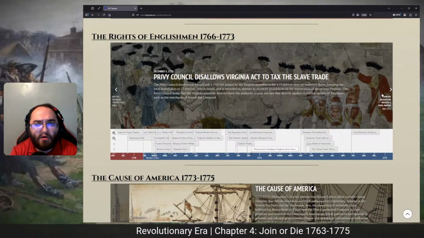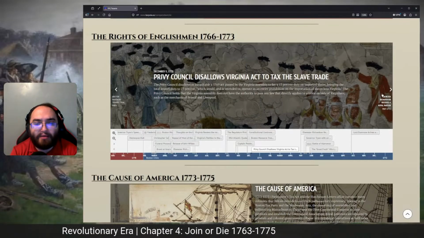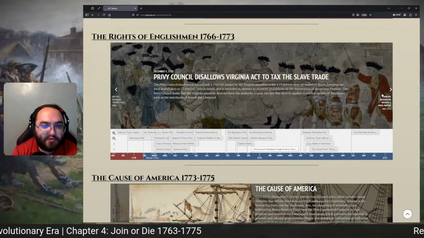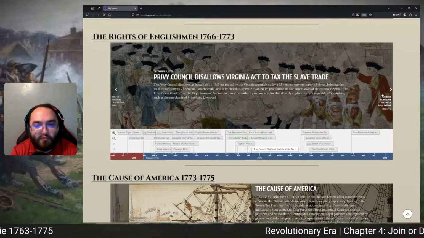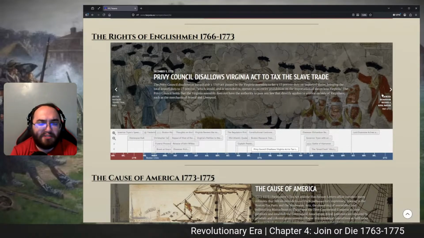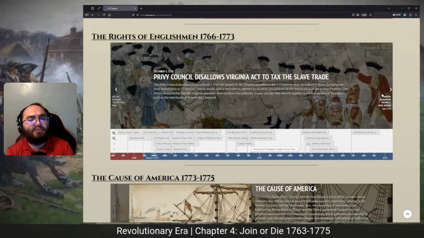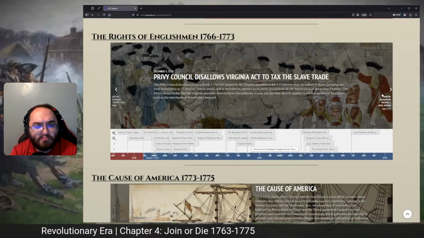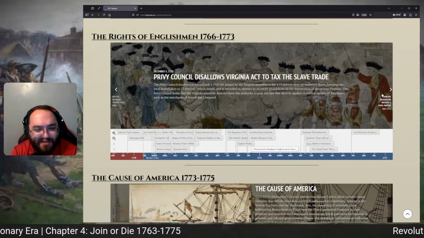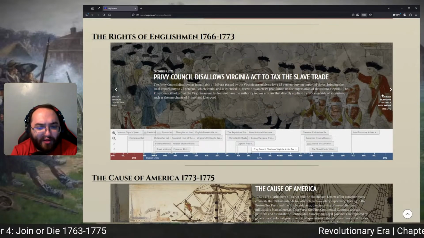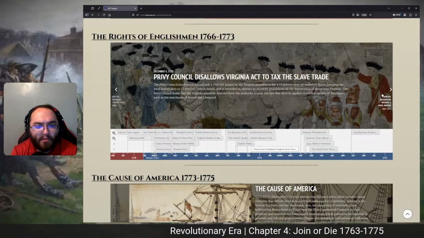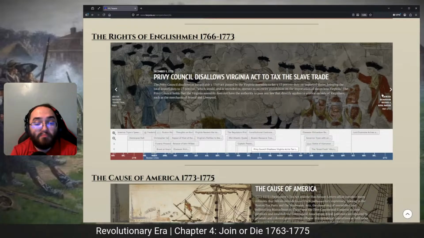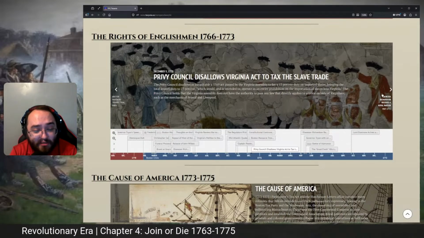They say that Thomas Jefferson was just making it up, that this is a fiction, that the king and Parliament, mostly the king, were not forcing slavery upon the colonies. However, they were.